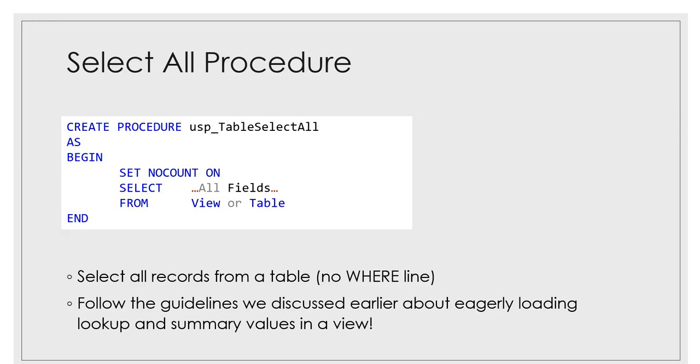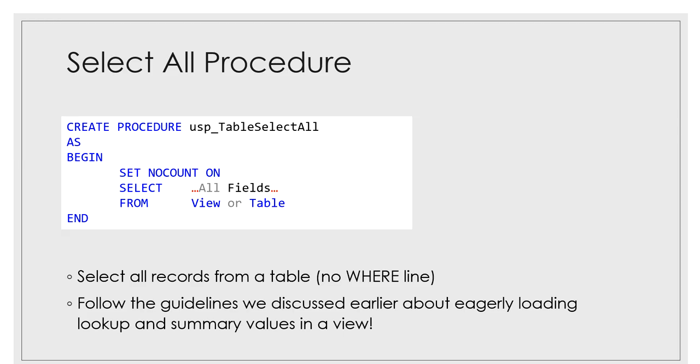After that, I typically use common naming conventions so that I'm consistent and can remember easily. So the name of the table, or entity really, then select all, right? There are no parameters required because we're just returning all the records. So we set no count on, and we select all the fields from either the view or the table.